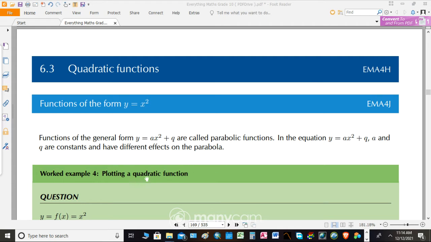We know that the quadratic function is y equals ax squared plus bx plus c, but if you substitute bx plus c by q, we call it a parabolic function. Plotting quadratic equations.